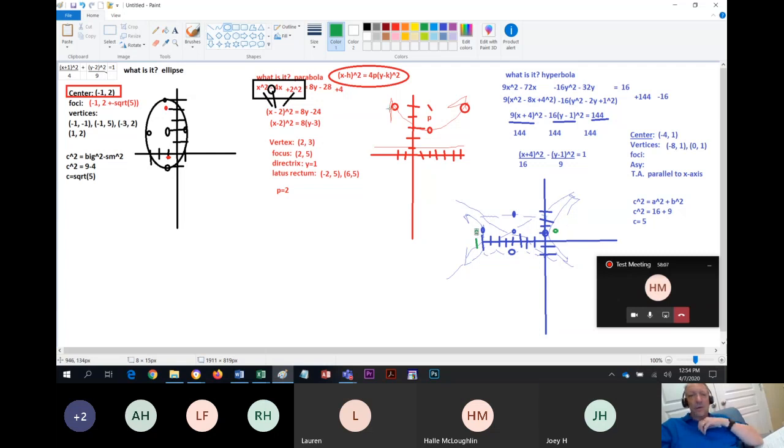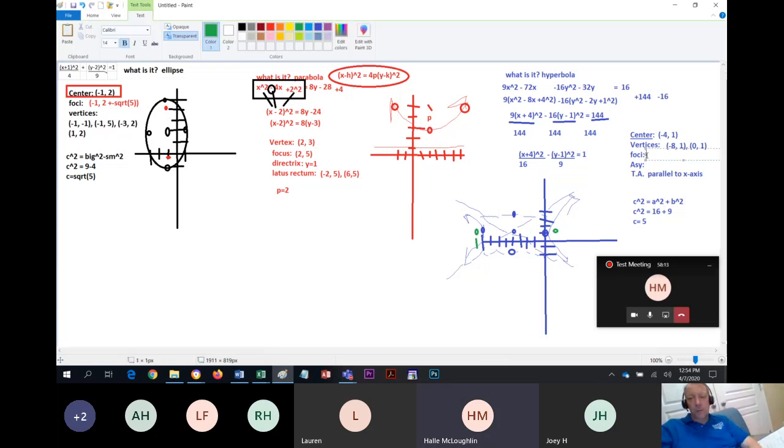And so what are those coordinates? -9, 1, and then 1, 1. Perfect.